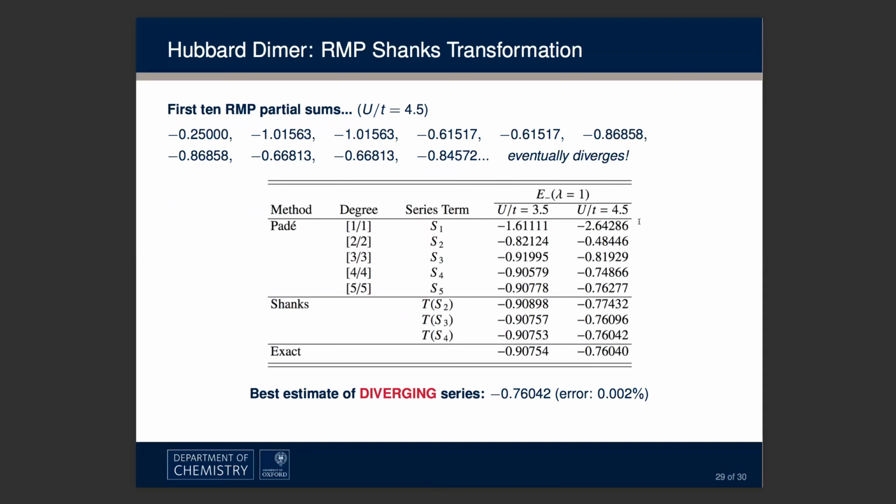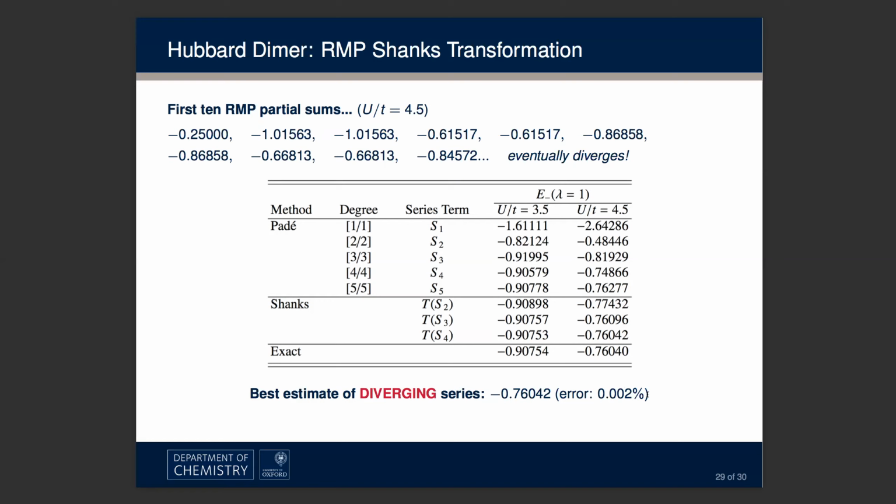So we use 10 Taylor series terms to generate 5 terms in the Padé approximants. We take these 5 Padé terms to generate 3 terms in a Shanks transformation. And you can see that what we had as 0.76277 becomes 0.76042. So we've now reduced the error of the divergent RMP series to 0.002%.